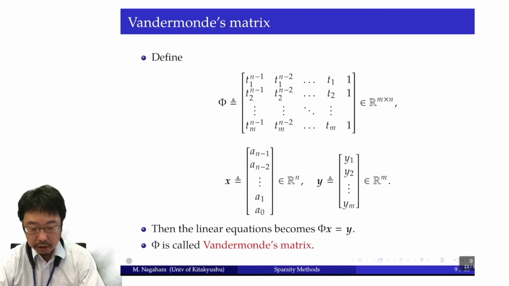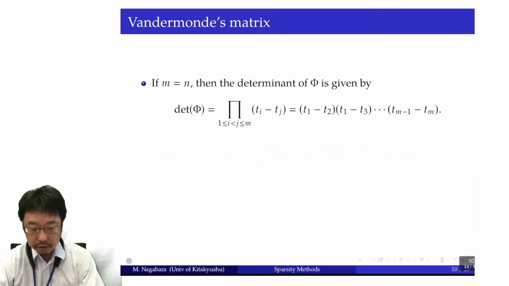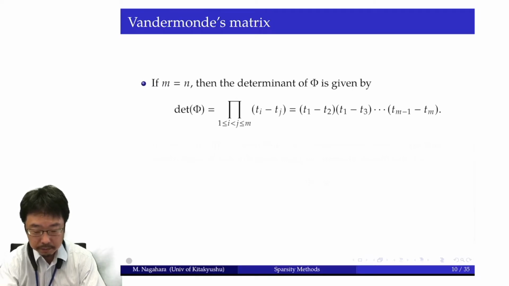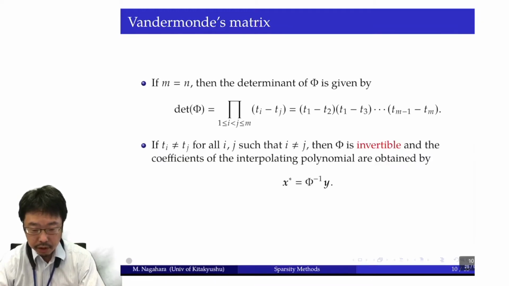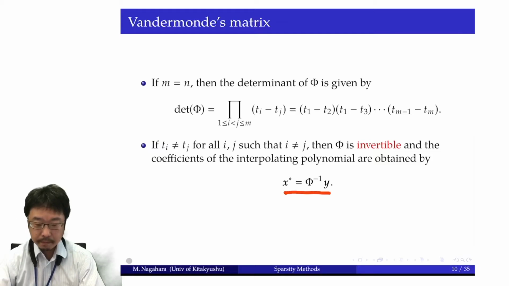The matrix phi is called the Vandermonde matrix. If m is equal to n, then the determinant of phi is given by this. And from this equation, if ti is not equal to tj for all different i and j, then the matrix phi is invertible and the coefficients of the interpolating polynomial are given by x asterisk equals phi inverse y. This is very simple.